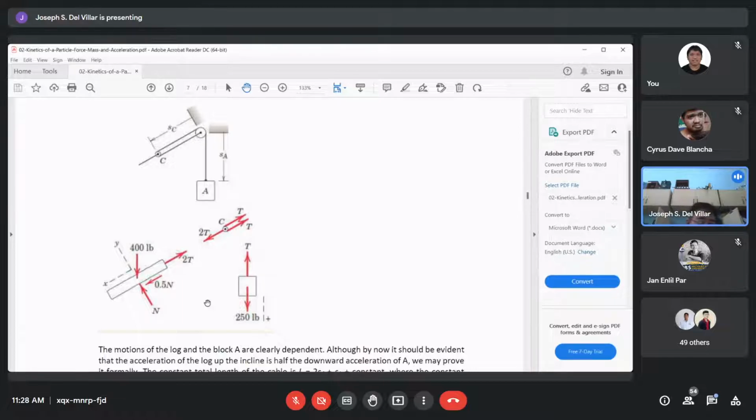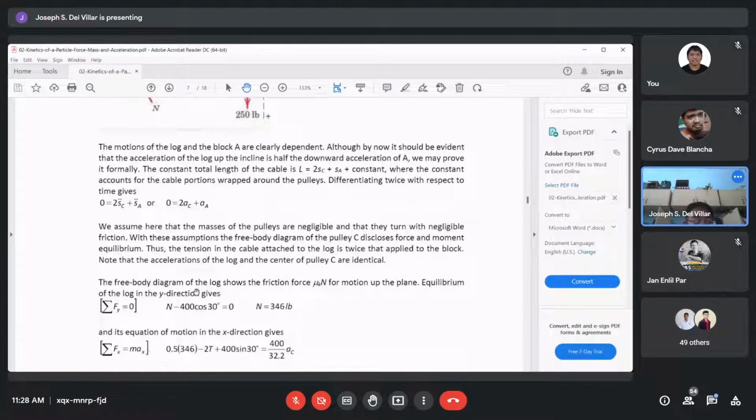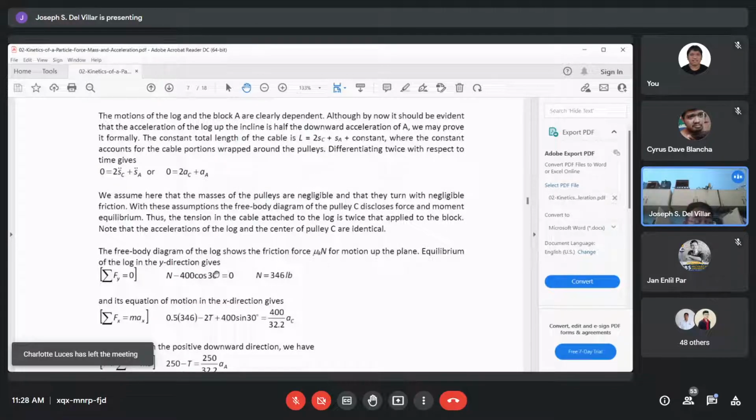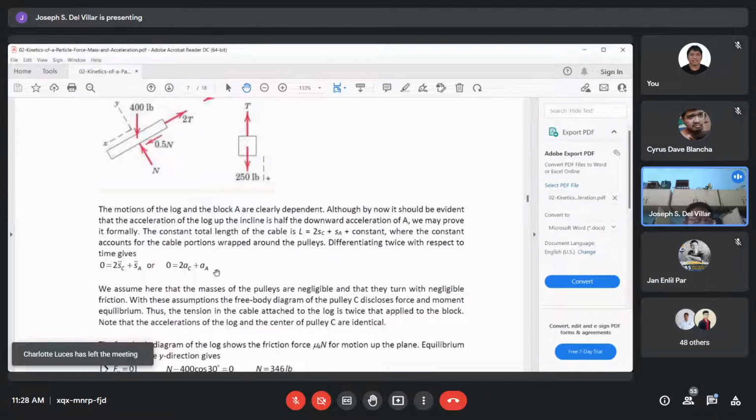This is the x component. So what forces are along x?